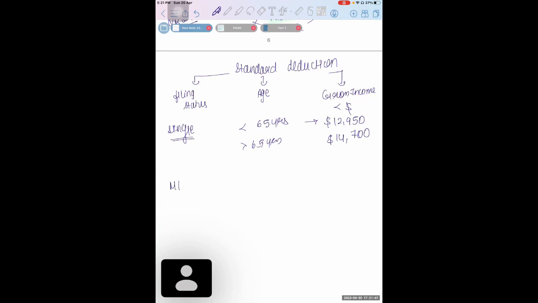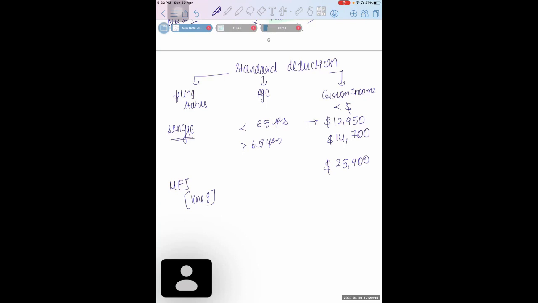Next is MFJ. For MFJ, there are three limits. 25,900 is the standard limit for MFJ. If you're filing married filing jointly, and the gross income on your 1040 return, line 9, just remember line 9, gross income, before taking any deduction, is 25,900, then you can be exempted from filing the tax, meaning there will be no taxes on that amount.